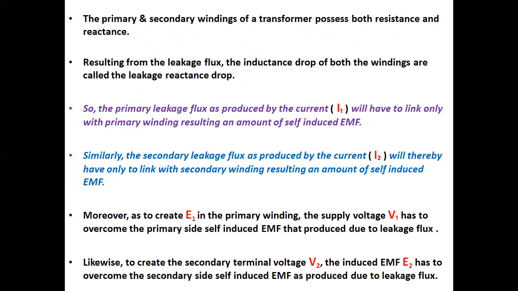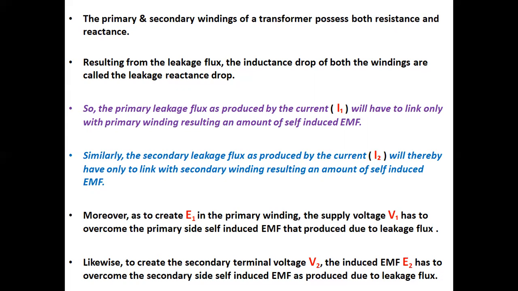So, the primary leakage flux as produced by the current I1 will have to link only with the primary winding, resulting in an amount of self-induced EMF. Similarly, the secondary leakage flux as produced by the current I2 will have to link only with the secondary winding, resulting in an amount of self-induced EMF.